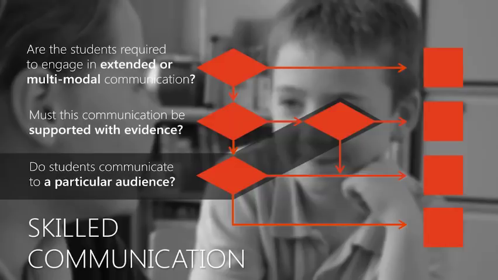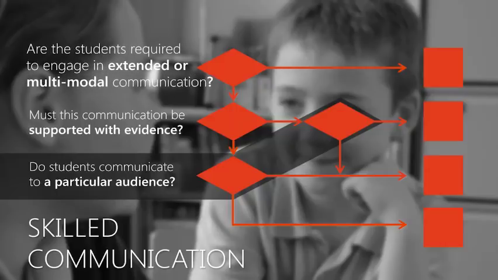Considering each of these questions is useful when designing a learning activity. The power of using a decision tree is that it provides a framework for designing learning activities, and in this case, examining opportunities for skilled communication. For example, there will be times when you will need students to engage in extended and/or multimodal communication.